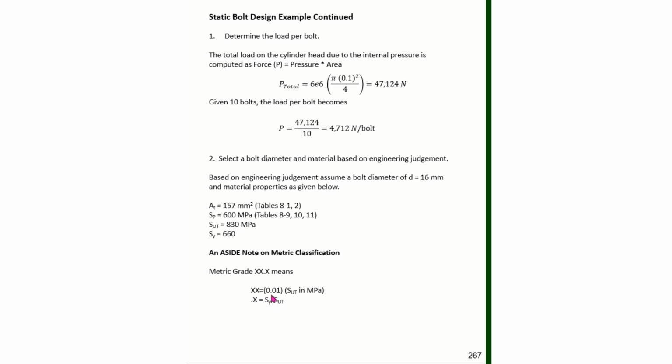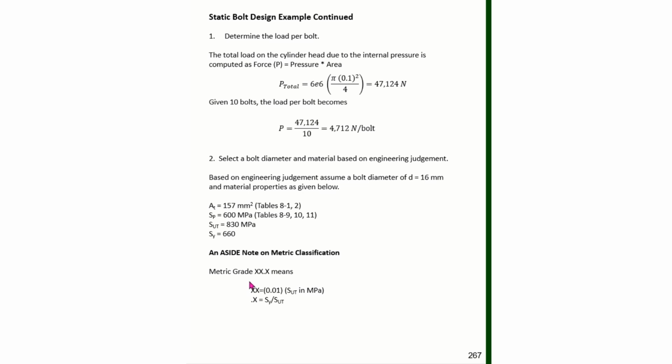So if we have a metric grade 8.8 bolt, that means we can take the 8, divide it by 0.01 and get 800, and that would mean we have 800 megapascals for our S_UT. And you can see from the table we looked up 830, which is very close.